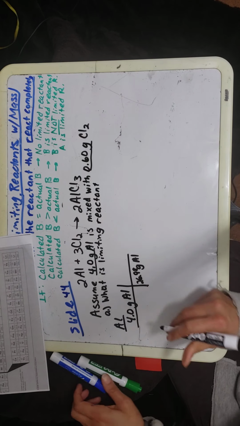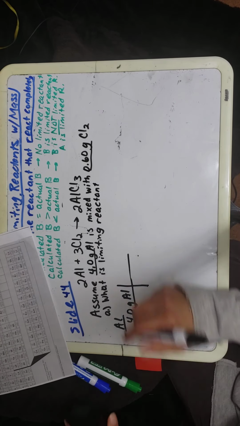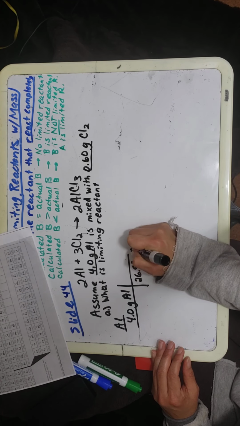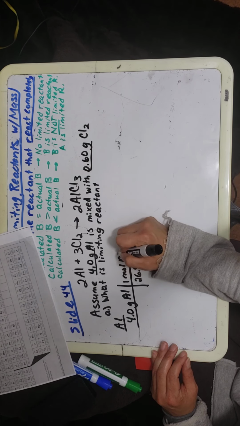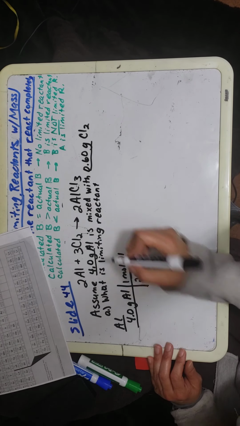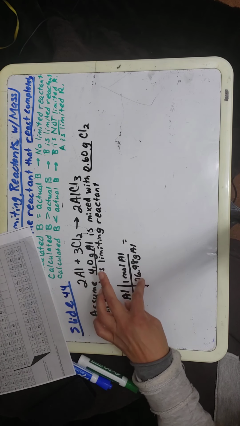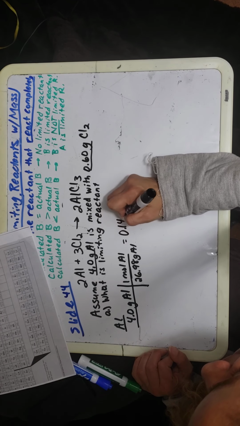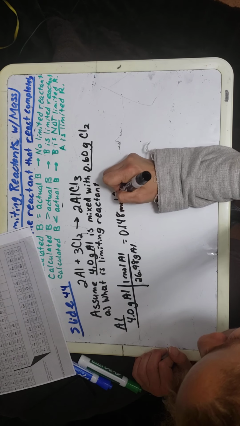Make some more room for that. Okay, and then you're going to put 1 mole of aluminum right here. When you multiply the top 4.0 times 1 and divide it by 26.98, you should get what is on the slide, 0.148 mole aluminum.